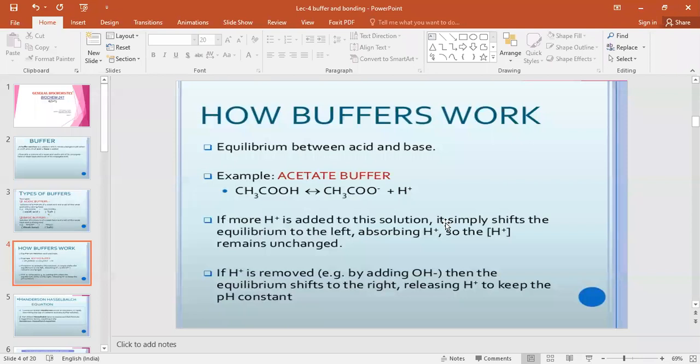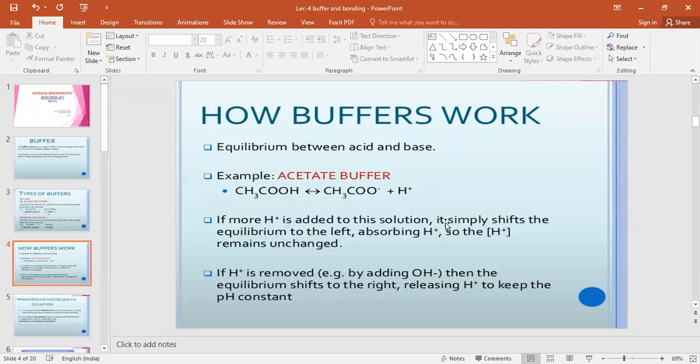If you add H+ ions into the solution, then what happens? It shifts the equilibrium to the left-hand side and absorbs the H+ ion, so the H+ remains unchanged.